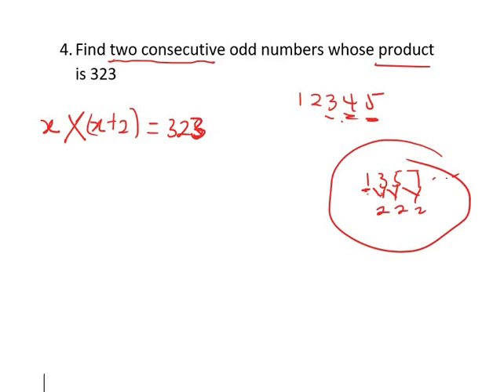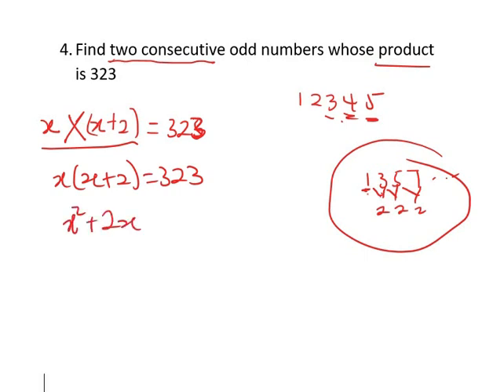Now, what do we do? This statement can be written as x bracket x plus 2 being equal to 323. Then we just multiply through. We get x squared plus 2x being equal to 323. We send the 323 inside and equate it to 0. So we get x squared plus 2x minus 323 equals 0.